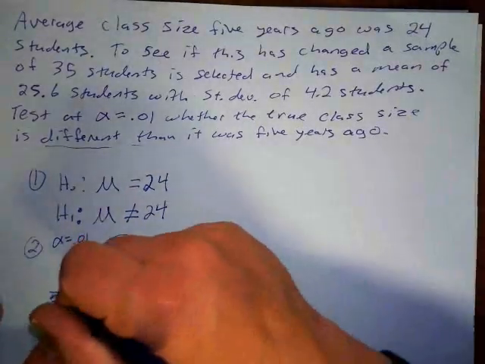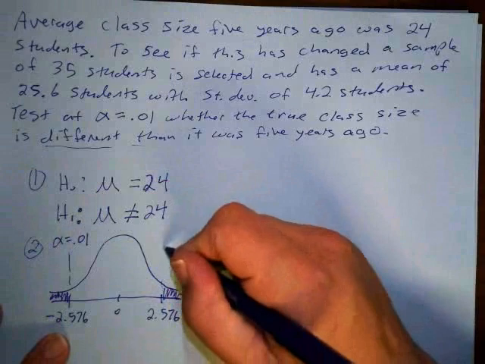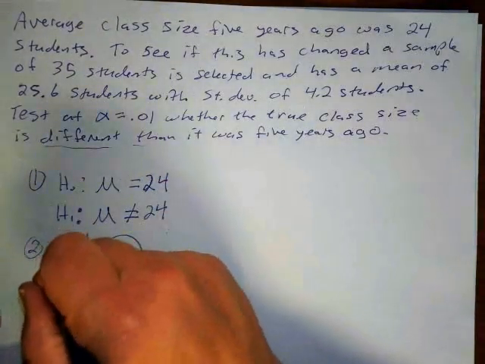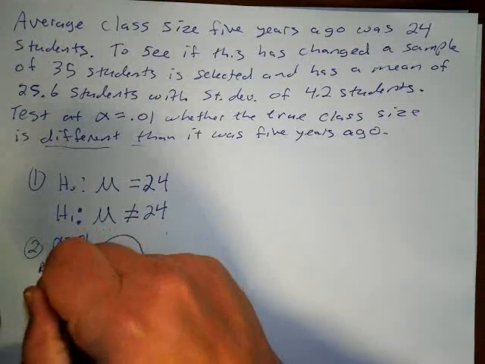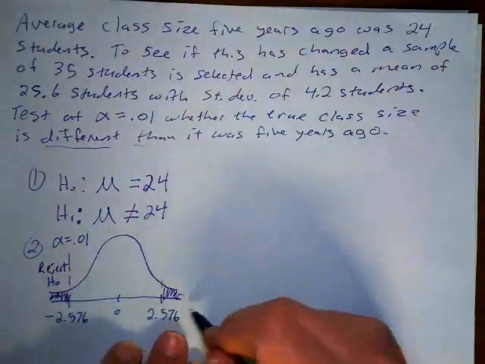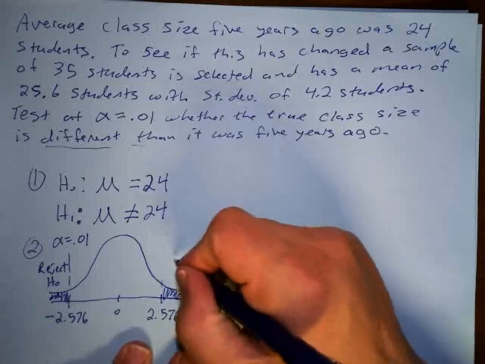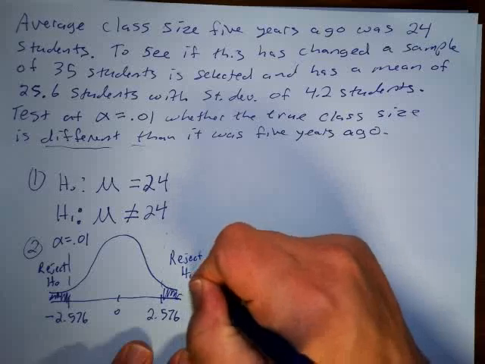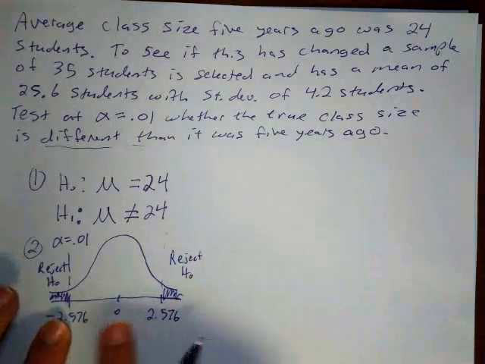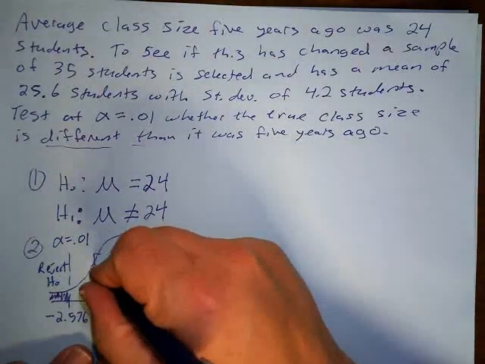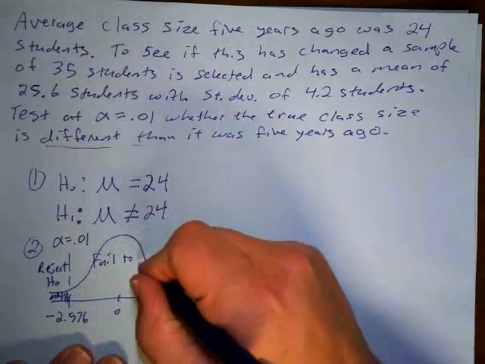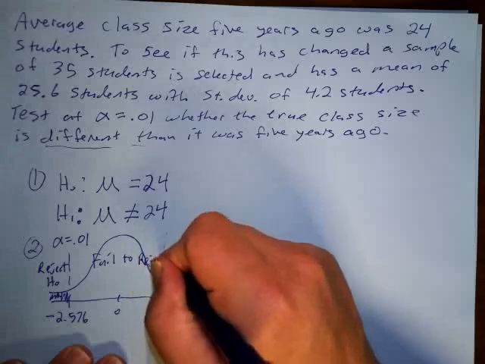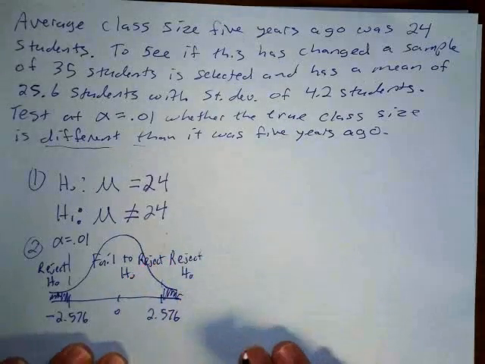And these two are the rejection regions. So the idea is if you're less than negative 2.576, you're going to reject H naught. And if you're greater than a positive 2.576, you'll also reject H naught. But if you're in between the two here, that's when you're going to fail to reject H naught.